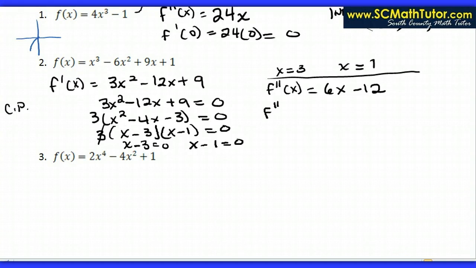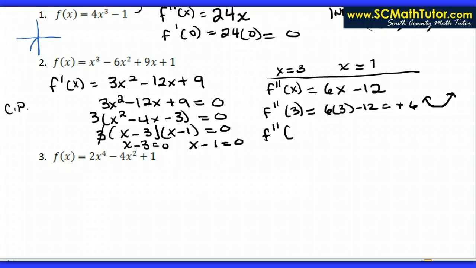If we plug in 3, we have 6 times 3 minus 12. 6 times 3 is 18, minus 12 is a positive 6. Because this is positive, it is concave up when x equals 3. The second derivative at 1 is 6 times 1 minus 12, which is negative 6. Because it's negative, it is concave down at that point.